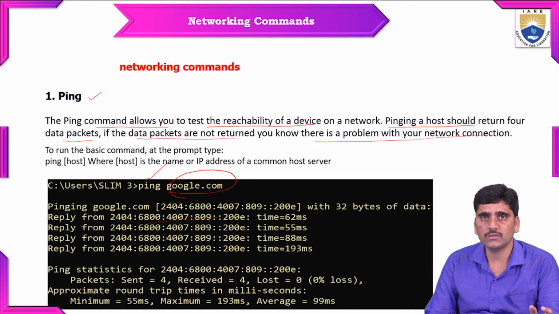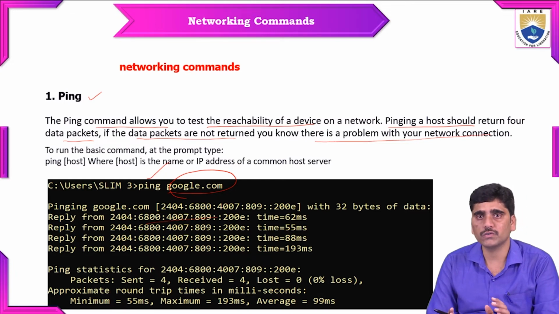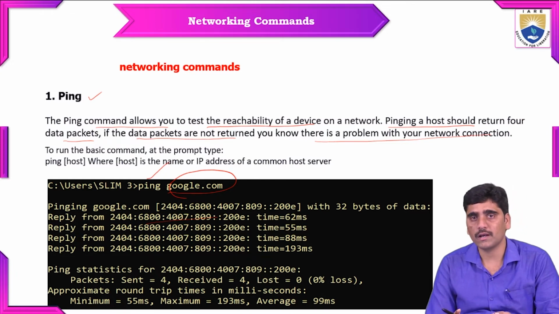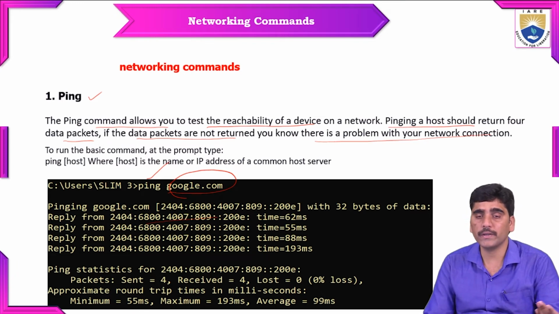So the first command is what? Ping command. Other than this, we can also have different scenarios in different operating systems. In Windows we can type like this, but in Linux we can have a different set of commands with different variations. So first one is the ping command.